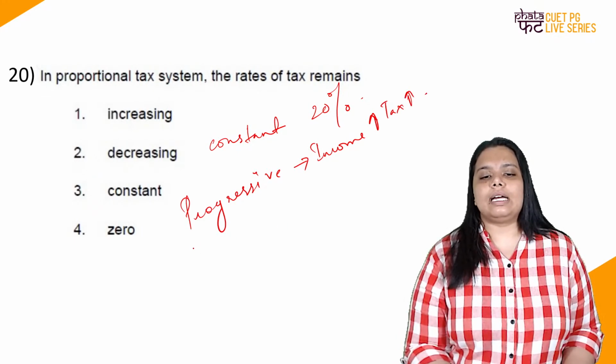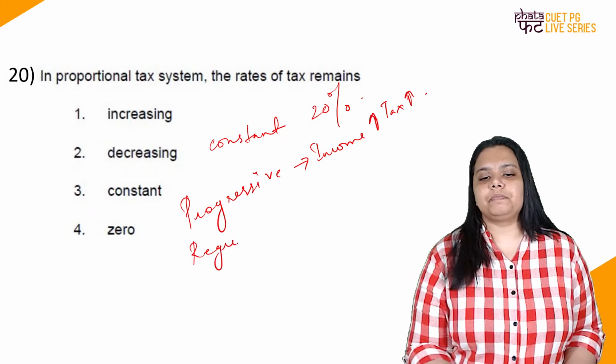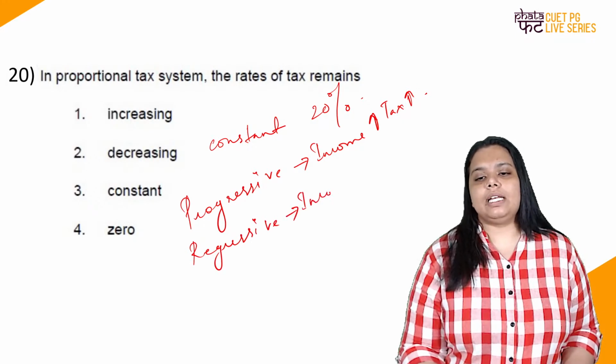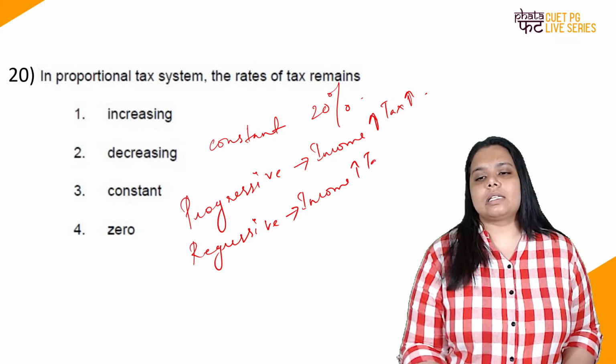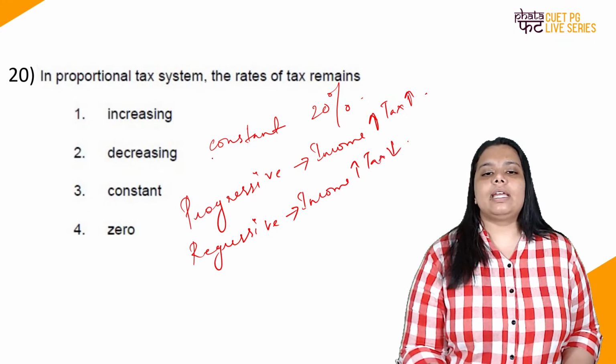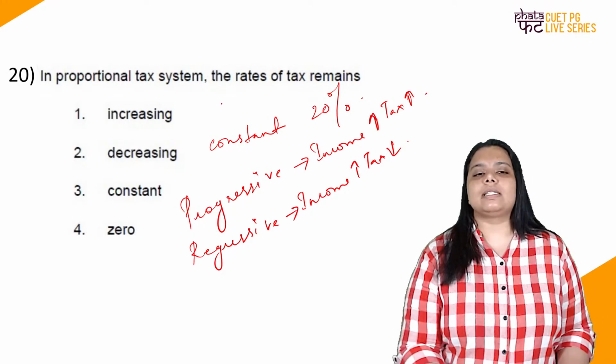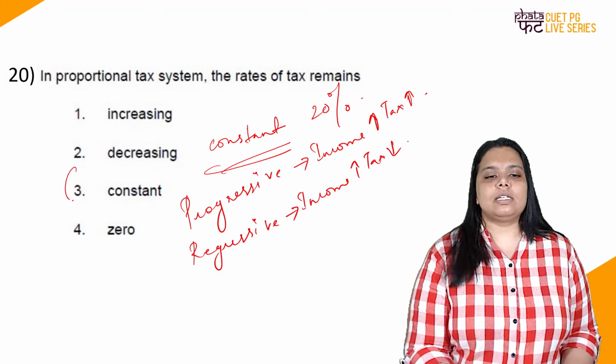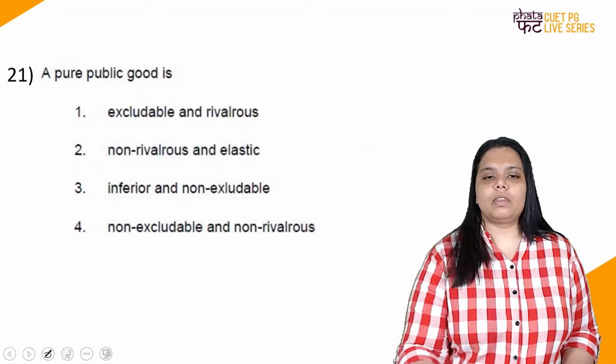Similarly, in a regressive system, as income increases, tax will reduce. In the case of a proportional tax system, the tax rate will always remain a constant number. So the answer is option 3, constant.